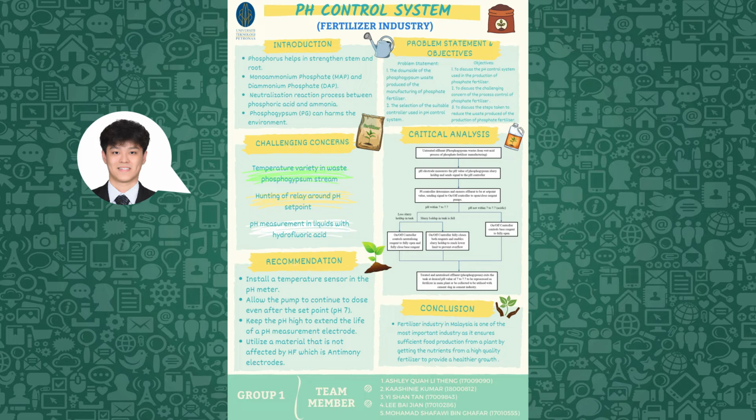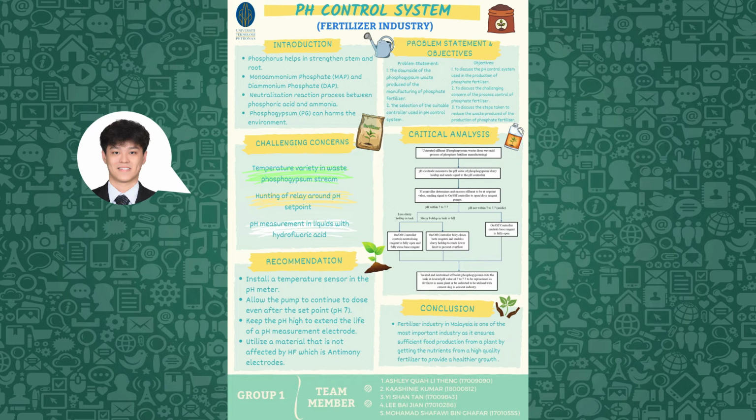The second challenging concern will be relay hunting around the pH set point. This situation happens when the waste phosphogypsum stream has reached the desired pH set point. The caustic dosing pump will stop pumping caustic solution into it. However, the mixing pump is still operating, which causes the pH level of the phosphogypsum stream to drop again. It will start the caustic dosing pump again to neutralize the phosphogypsum stream back to the pH set point all over again, and so on. Next, the third challenging concern will be pH measurement in liquids with hydrofluoric acid.